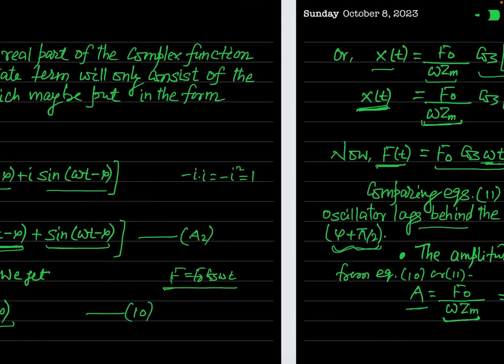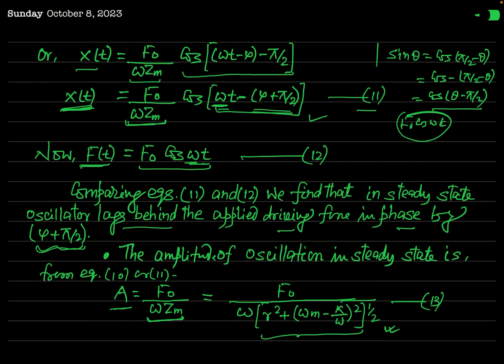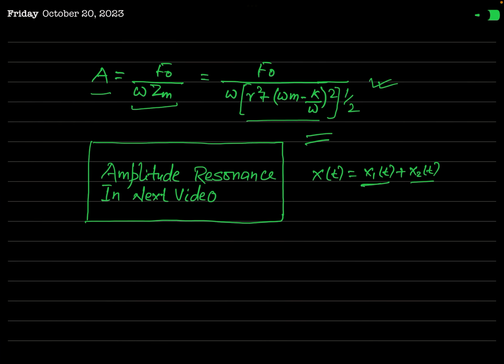But as I have told you, x1 of t contains the factor e to the power minus bt, so it vanishes, it becomes 0, and finally we get x(t) is simply equal to x2(t). And that's why we simply say that during this motion our oscillator finally oscillates just like a free oscillator.